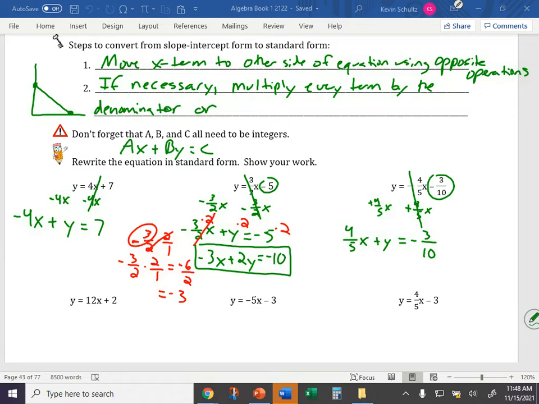So now, step 2: if necessary, multiply every term by the denominator. What do we do if we have 2 different denominators here? What can we multiply by to turn them both into integers? Any idea? If you have more than one denominator, you're going to multiply by the least common multiple of the denominators.